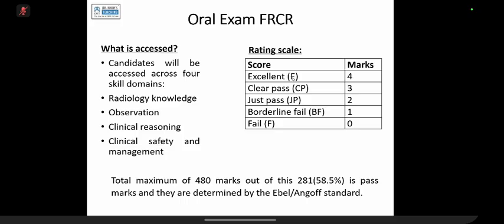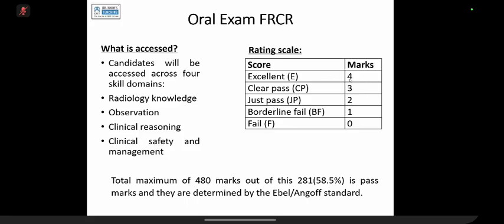They will write E for excellent, CP for clear pass, JP for just passed, BF for borderline fail, F for fail. Whatever I'm showing you here is available on the RCR website, with a breakup of what exactly excellent means and what exactly clear pass means, and it's a good idea to go through it.